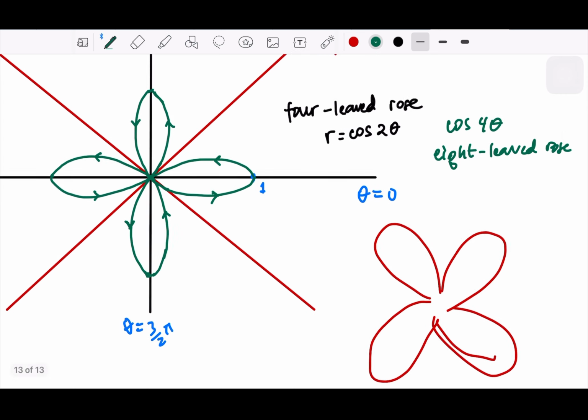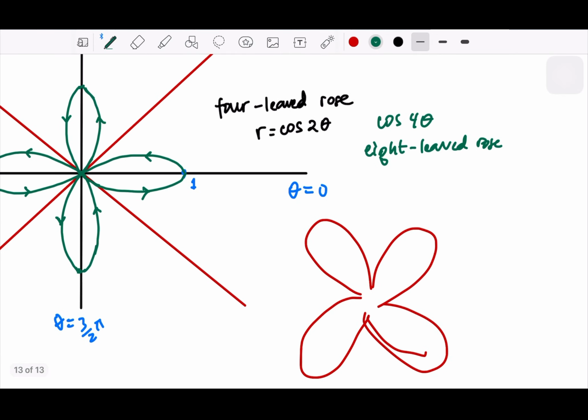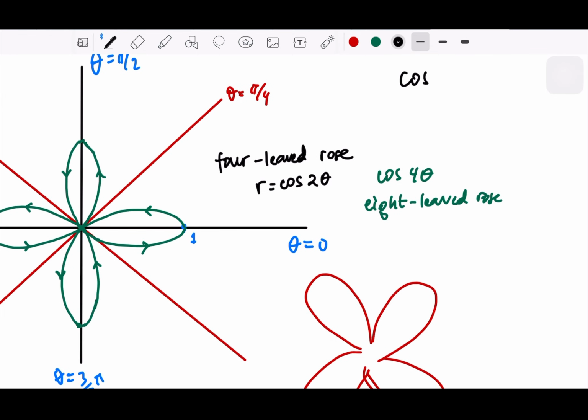But if it is odd, like 3, 5, let's say we have cos 5 theta, it's just 5 petals, or a 5-leaf rose. Leaf or petal, it's the number in the flower, right?